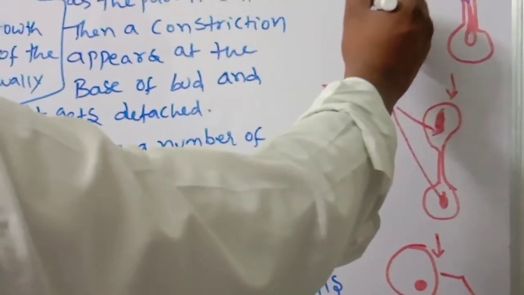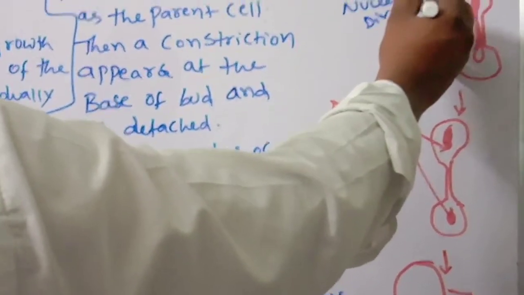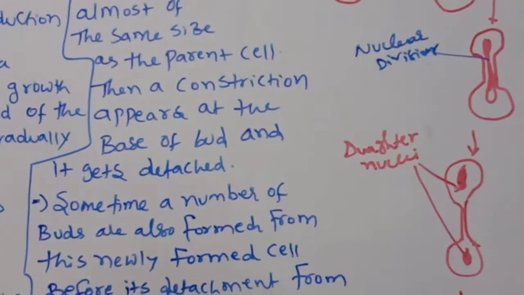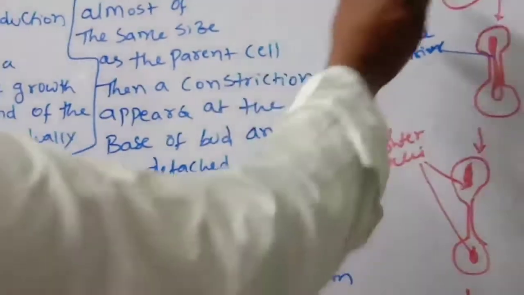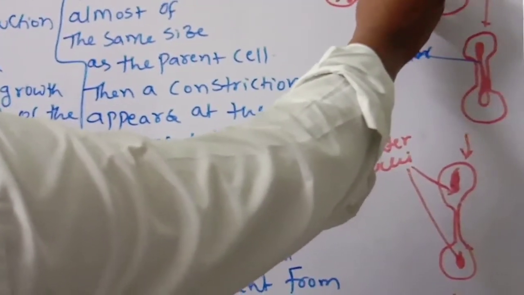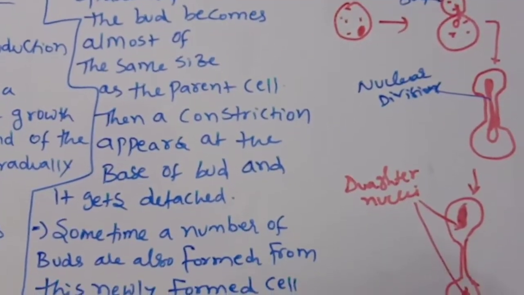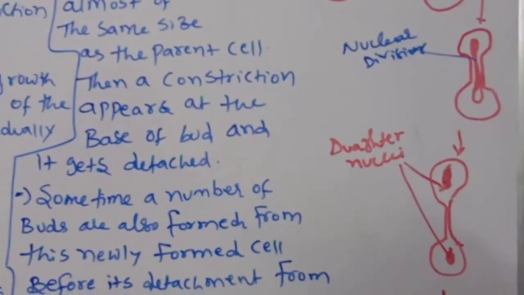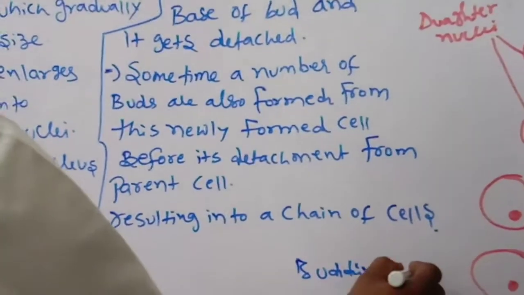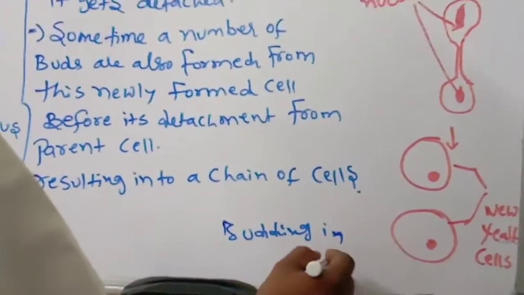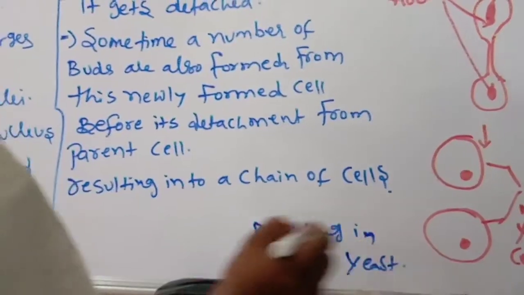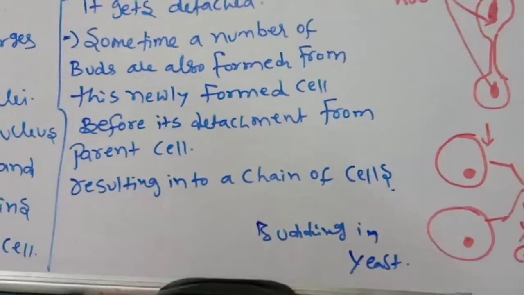Nuclear division. So this is called the bud. Okay, children, so this total process is budding in yeast.